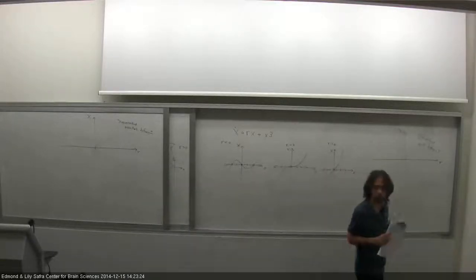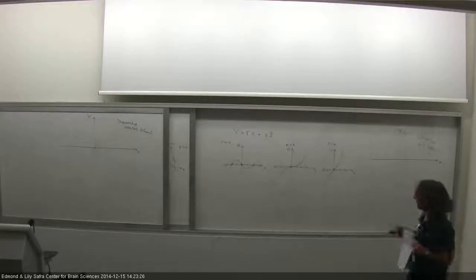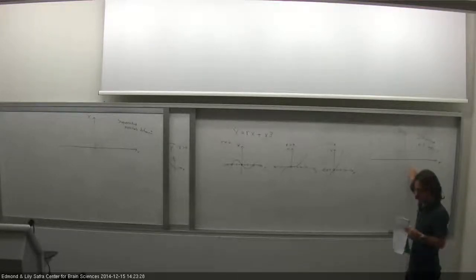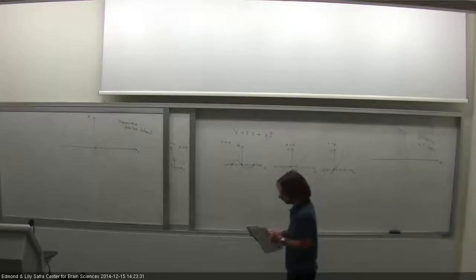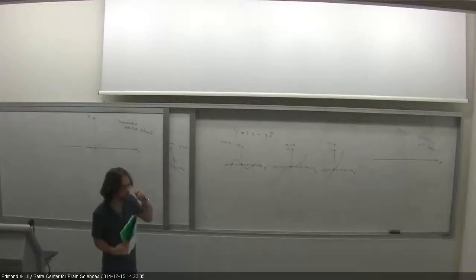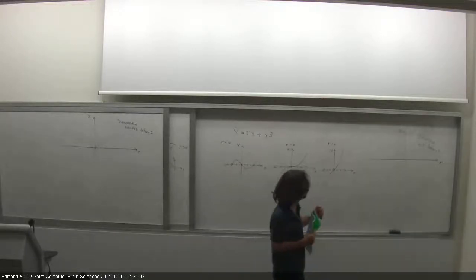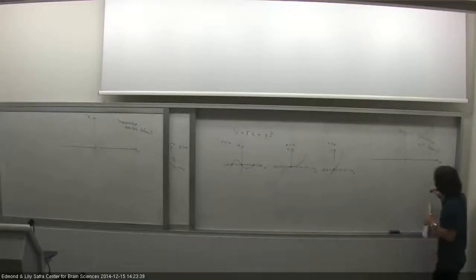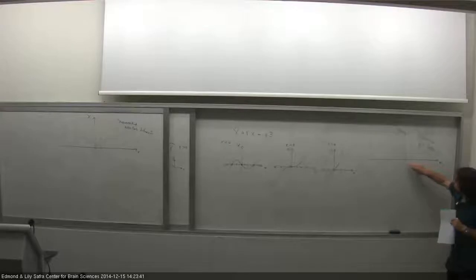So for such systems, I was about to give an example. I'd just like to say something about this. First, just to state again that for a positive value of r, the system has no stable fixed point, it just goes to infinity.